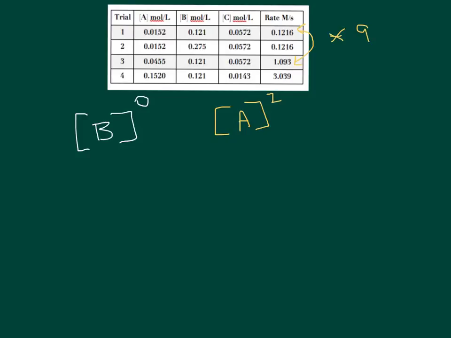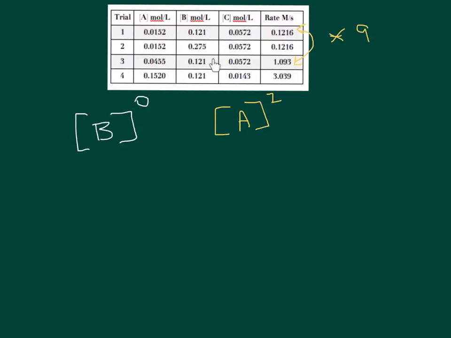Now all we need to do is try to determine how the concentration of C impacts the rate. When I glance back over this, I can find that between trial 4 and the other trials, the concentration of C has changed. Which row makes the most sense to examine?